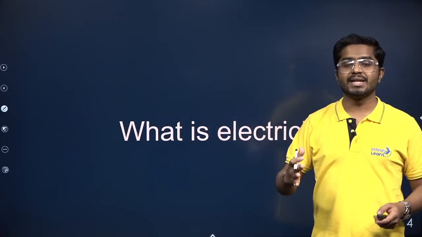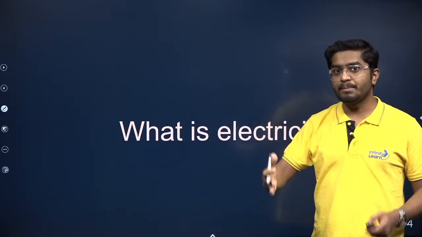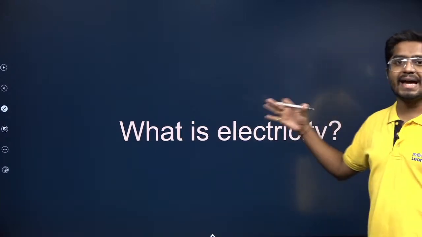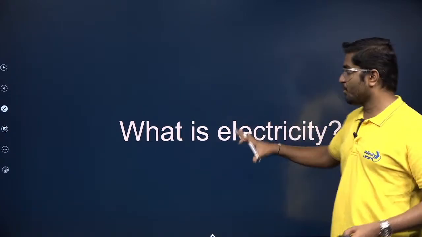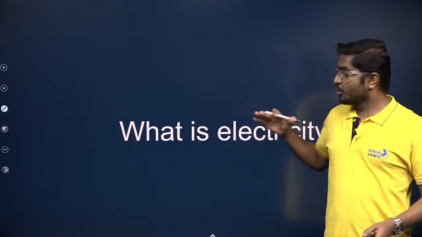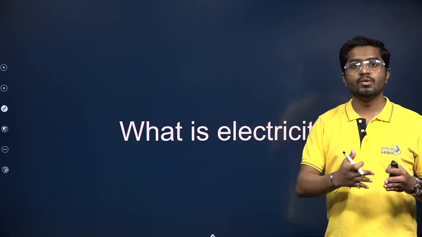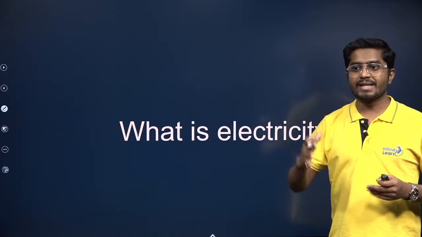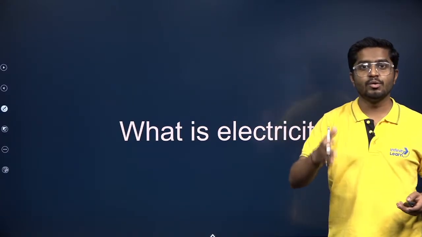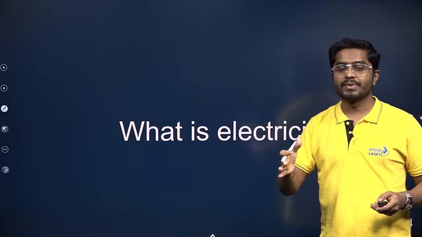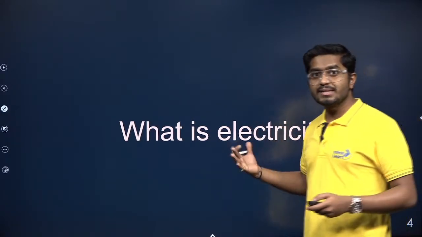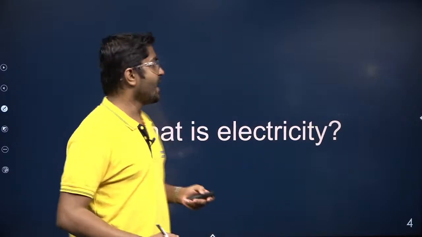It is the energy which flows from one place to another, and we convert it into our required type of energy. For example, in a TV it gets converted into light or sound. In a heater, you convert it into heat energy. So this is the most convenient form of energy.